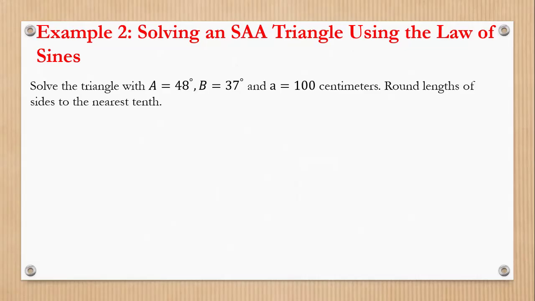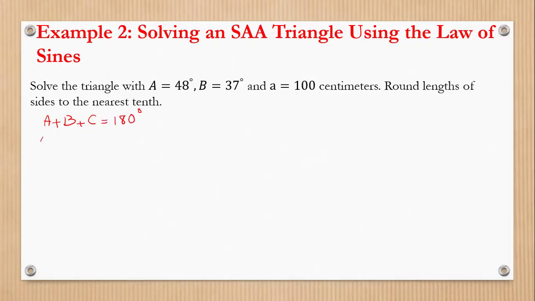We have a triangle in which angle A is 48 degrees, angle B is 37 degrees, and side A is 100 centimeters. When two angles are given to me, I can find the third angle first, because I know that the sum of all three angles in any triangle is always 180.